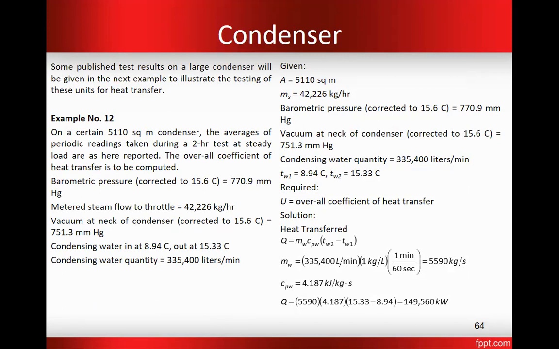The barometric pressure corrected to 15.6 is 770.9 millimeters mercury. Metered steam flow is 42,526 kilograms per hour. Vacuum at neck of condenser corrected to 15.6 is 751.3 millimeters mercury. Condensing water in at 8.94 C, out at 15.33 C. Condensing water quantity is 335,400 liters per minute.